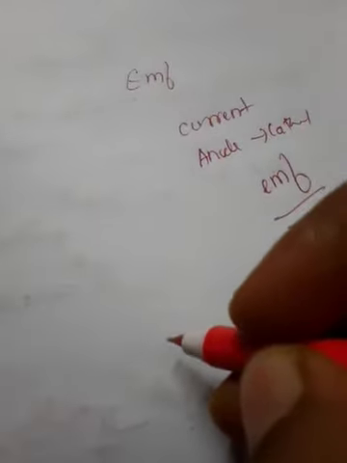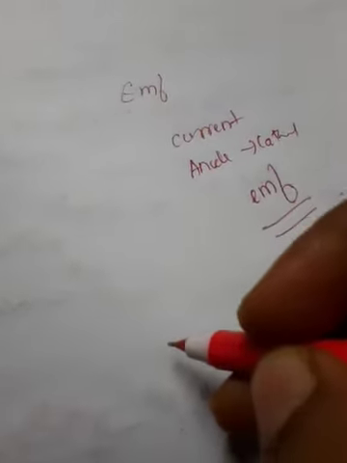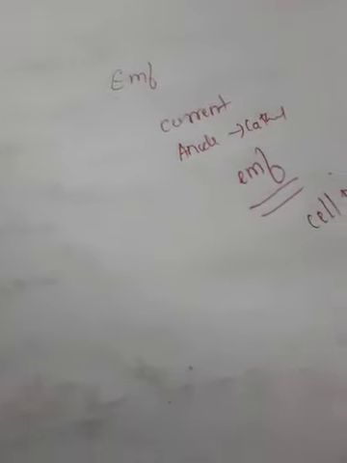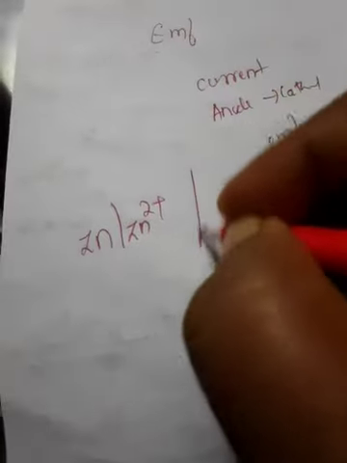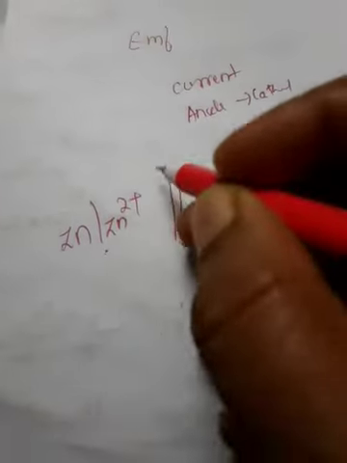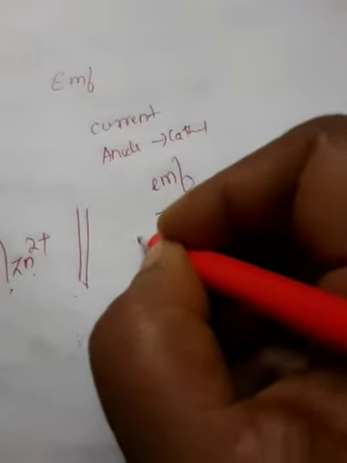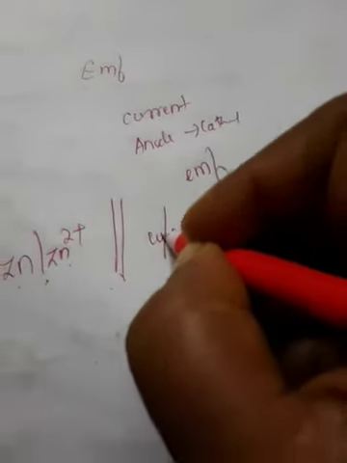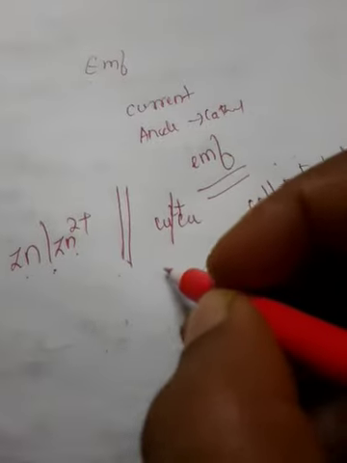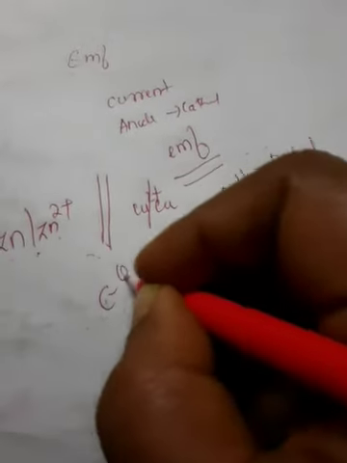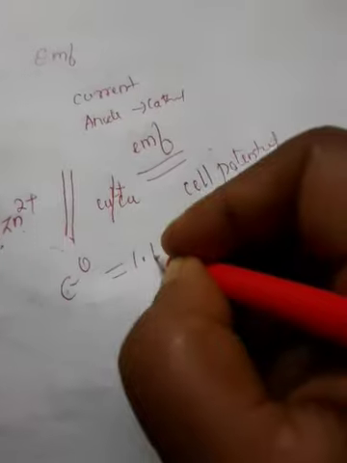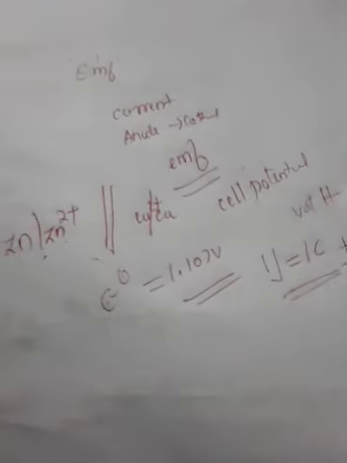For example, at 25 degrees Celsius, the EMF of the Daniel cell, zinc in zinc sulfate, salt bridge, this is the phase boundary, this is the salt bridge, copper in copper sulfate, the standard E0 value is 1.107 volt.